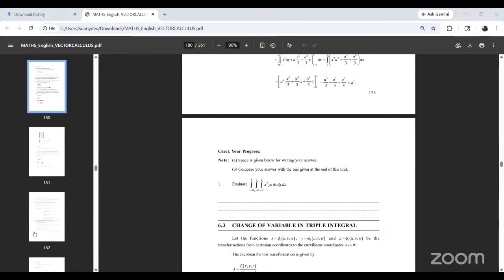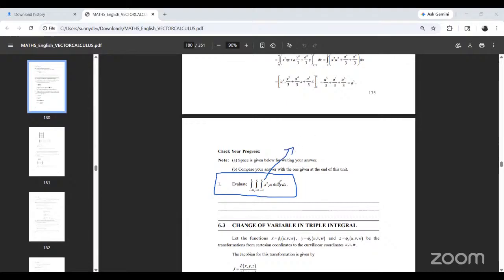Here one more problem is there. Evaluate x equal to 0 to 1, y equal to 0 to 2, and z equal to 1 to 2, x square y dz dx dy. For this one, listen here.